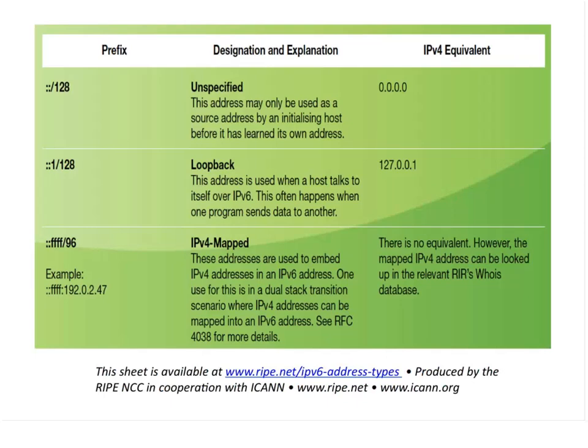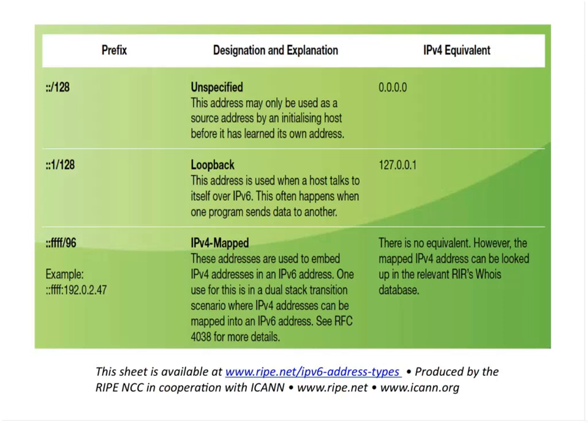So I'll now quickly go through the IPv6 address types. Now, there is the unspecified address. This slide is from the RIPE NCC, and the URL to get this full slide is at the bottom. This address can only be used as a source address by the host before it has learned its own address.